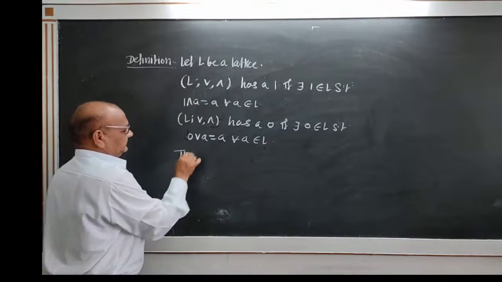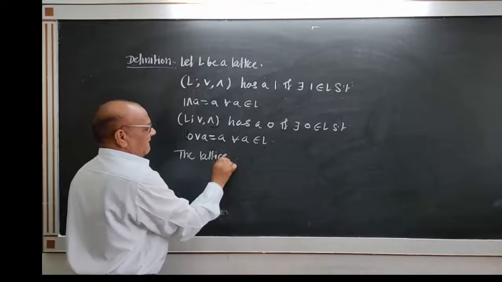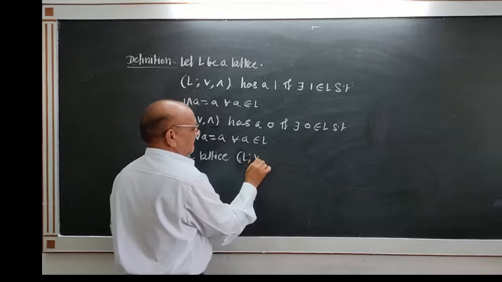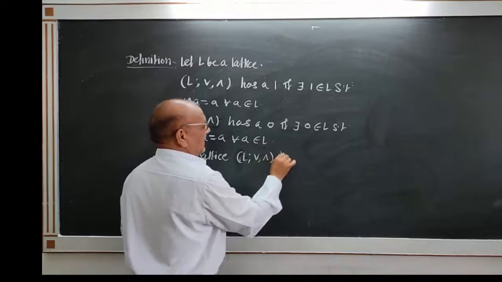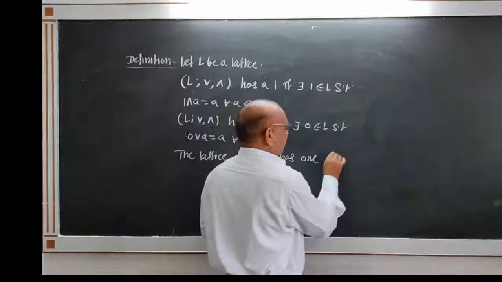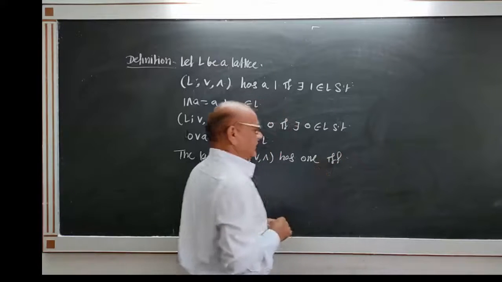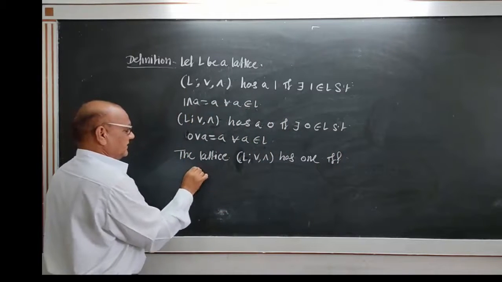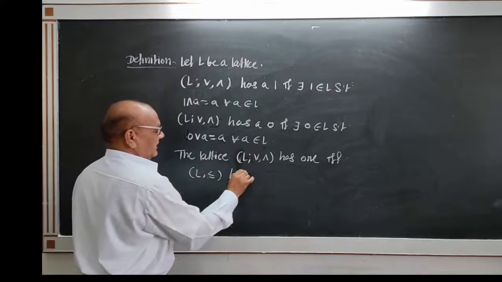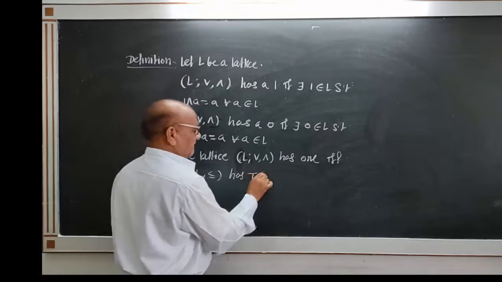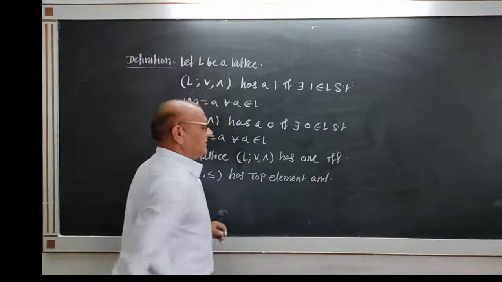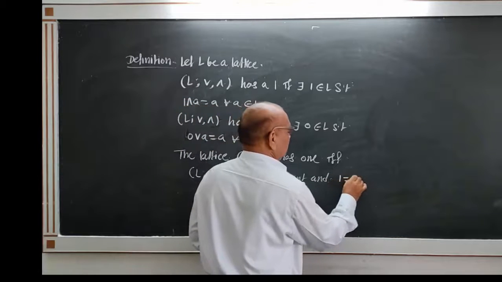The lattice has a 1 if and only if the order set has a top element and 1 is equal to top.